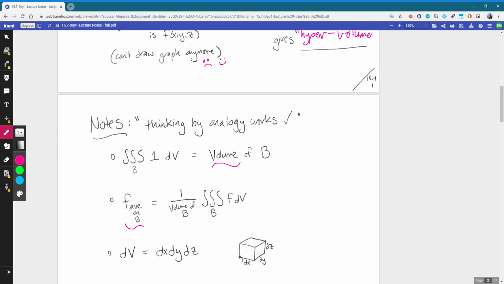And so here, if we start from a point, move out by dx and dy and dz, we get this kind of box thing. And the volume, what is dV, right? In this case, it's just a box. And so dx dy dz gives us dV.